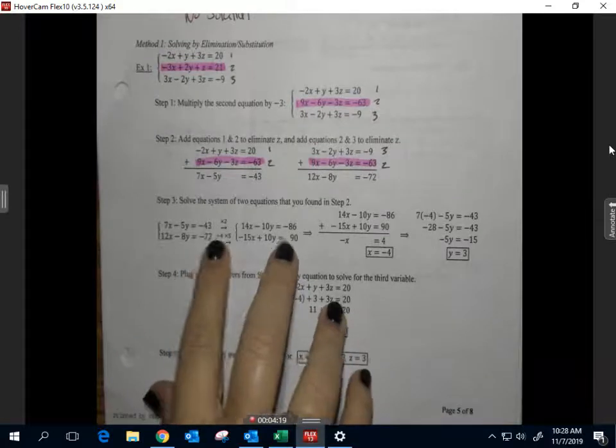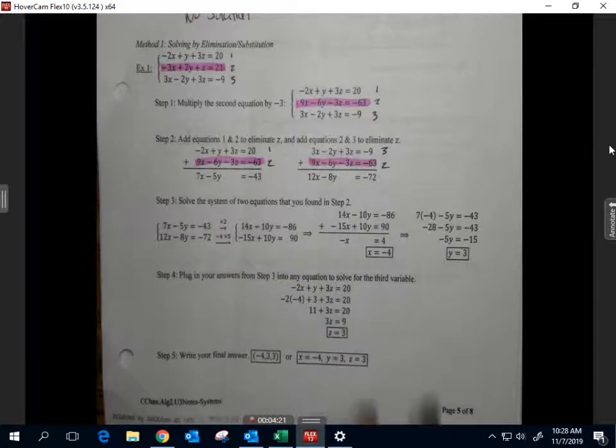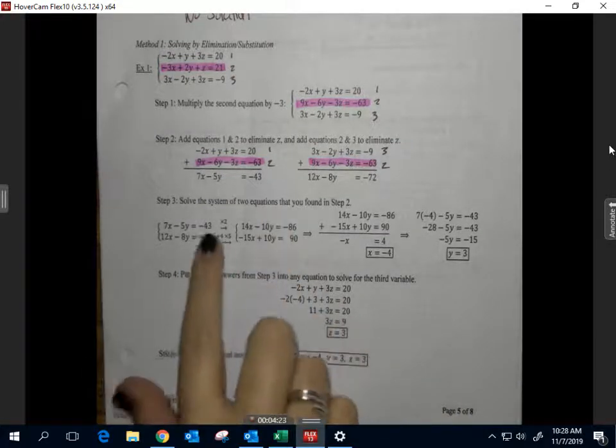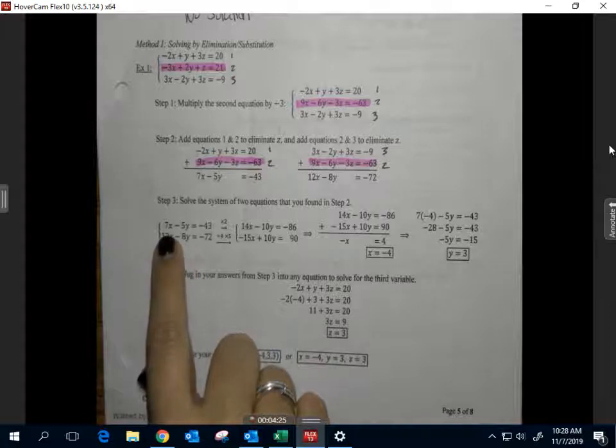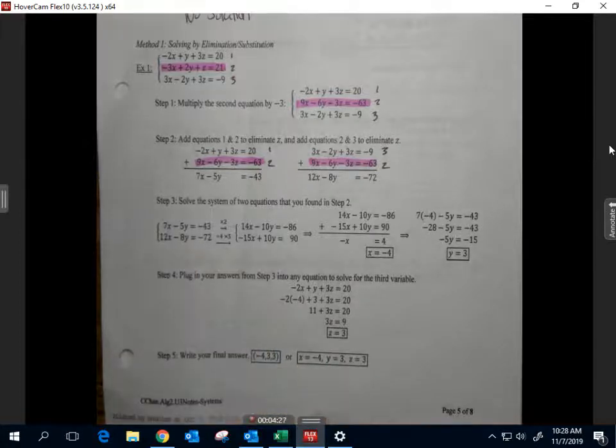But if you look down here, now we're trying to eliminate either the x or y, and they're trying to eliminate the y's first. Well, to do that, you have to have the coefficients. Remember what coefficients are? The numbers being multiplied to the variable. The coefficients of y need to be opposites. One needs to be a negative, and one needs to be a positive, so when you add them, they equal 0.